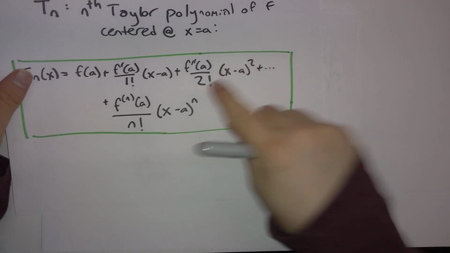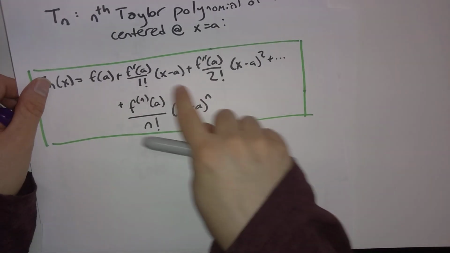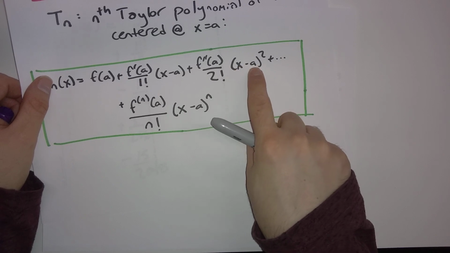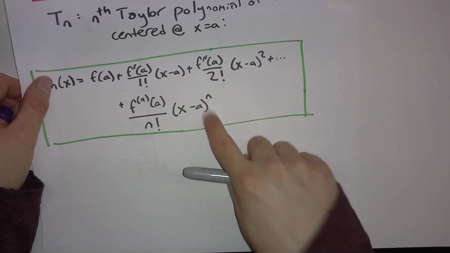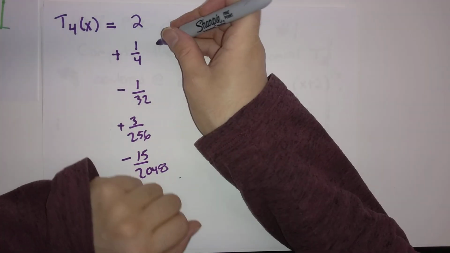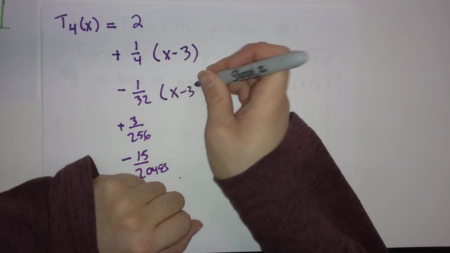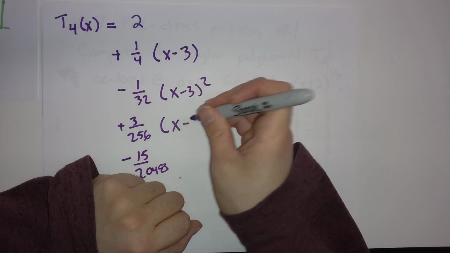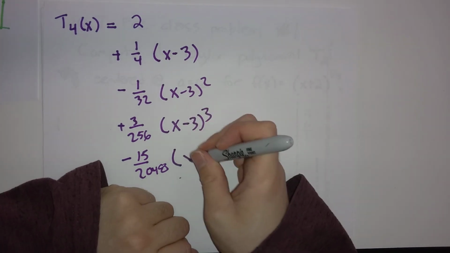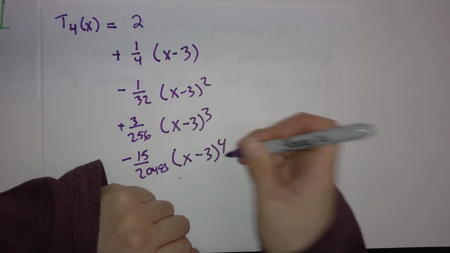Each one of these then needs to be multiplied by x minus a, x minus 3, raised to the appropriate power: x minus 3, x minus 3 squared, x minus 3 cubed, x minus 3 to the 4th.